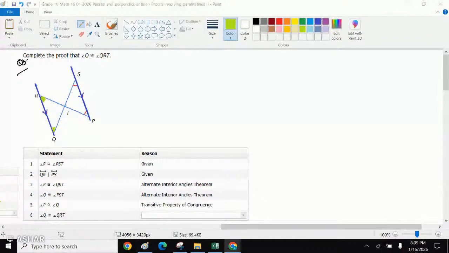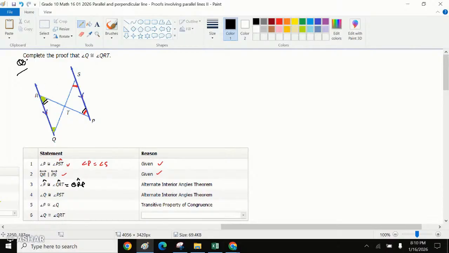Let's see what properties are given to us in the question. They are saying that angle P is equal to PST, right? Angle P is equal to angle S. Agreed? It's given to us. The lines are parallel, it's given to us. We know that whenever we are forming a Z, angle P and QRT, that means it can be written as QRT or it can also be written as QRP.